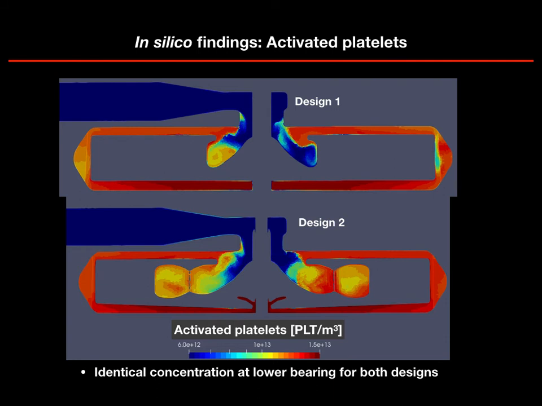These plots show concentrations of activated platelets in design 1 and design 2 cross sections. We focus our attention on the concentrations at the lower bearings, and we notice that there are identical concentrations in both designs.